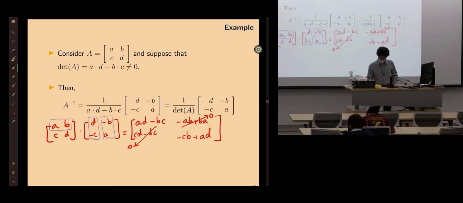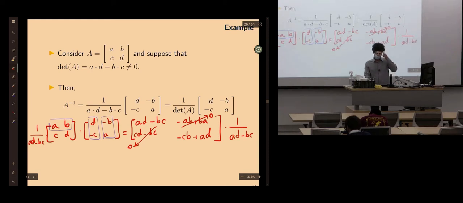And this should be divided by AD minus BC, okay? Divided by AD minus BC. It's the same thing we see here, right?